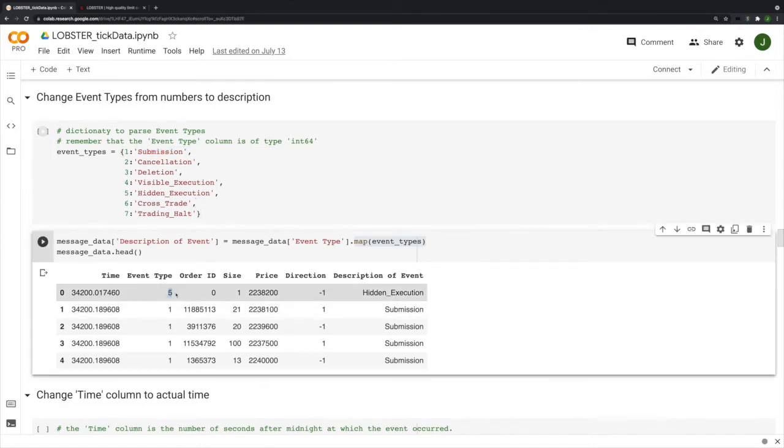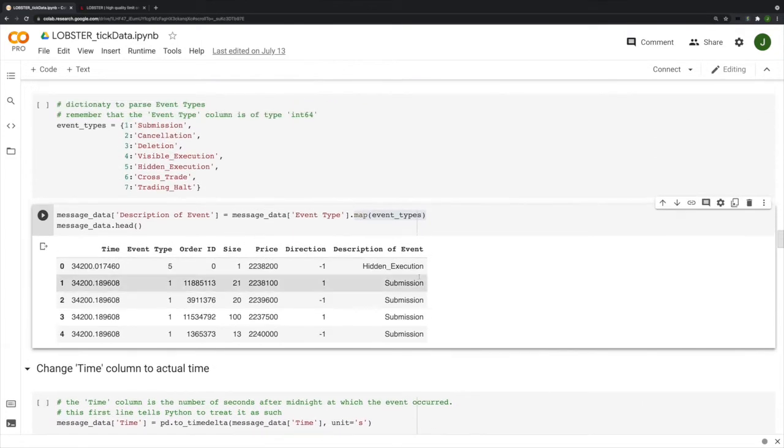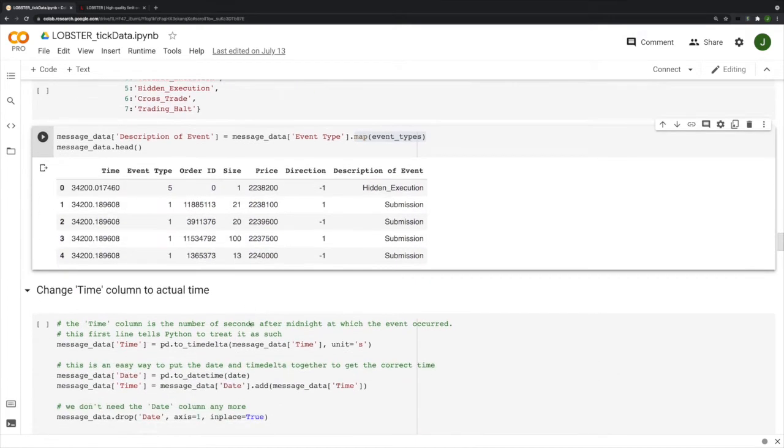So you can see down here, 5 becomes a hidden execution. 1 becomes submission of a new order, and so on. And that just makes it so that somebody can open up the data frame and read it and understand what's happening without having to check the documentation all the time to remember which kind of event is which.